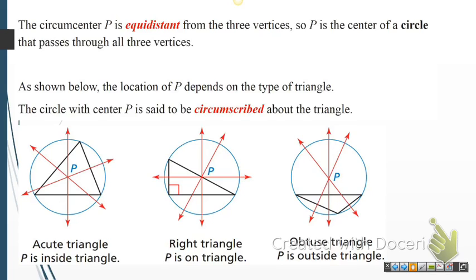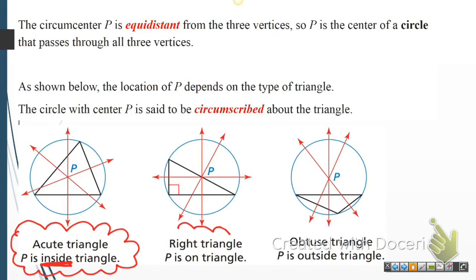So you want to get out your circumcenter page. You already constructed the circumcenter for an acute triangle, the circumcenter for a right triangle, and the circumcenter for an obtuse triangle. So in your summary, you'll want to write down these. If the triangle is acute, the circumcenter is inside.